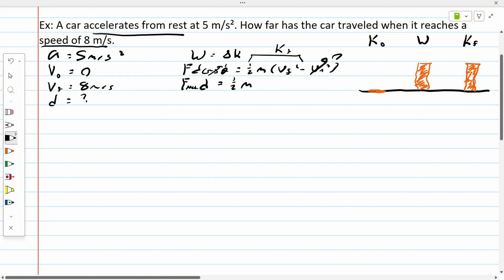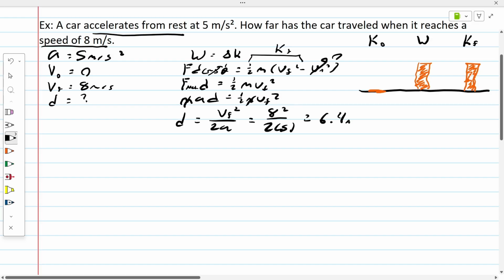So then we still have this part. Okay, so now what does F net equal? Well, we know by Newton's second law, the force net is just the mass of the system times the acceleration of the system. And now these masses cancel, and we want to know this distance so we can divide by acceleration. And we can get this equation here. And now we have all these variables. We can just plug these in and get a distance of 6.4 meters.